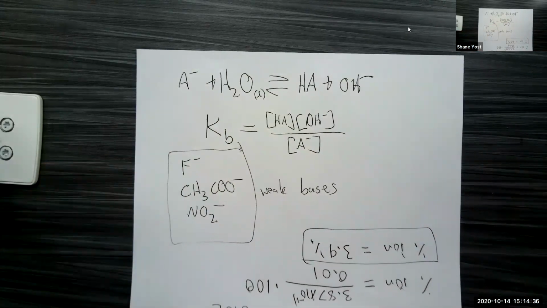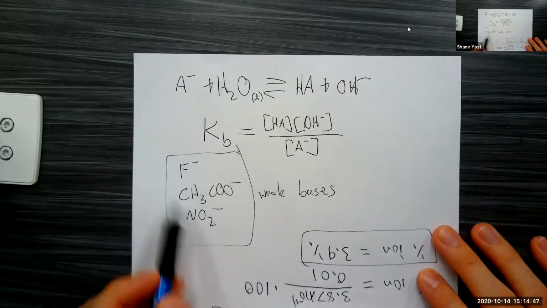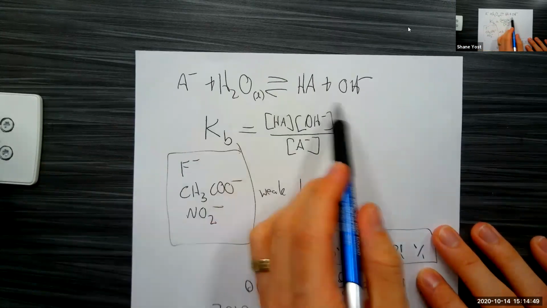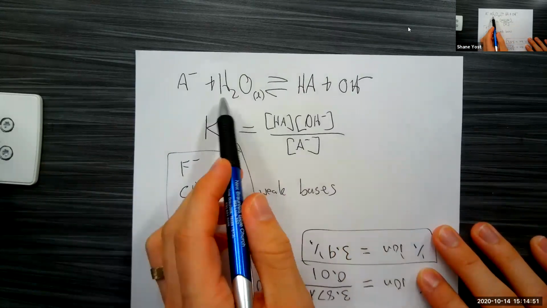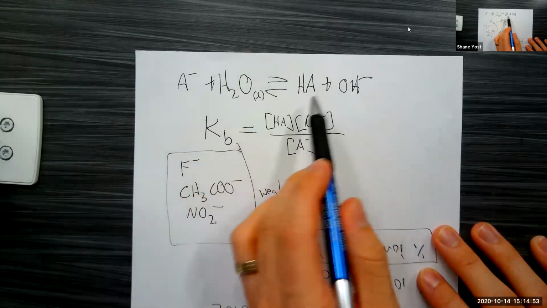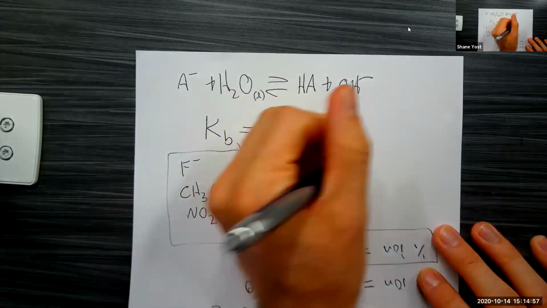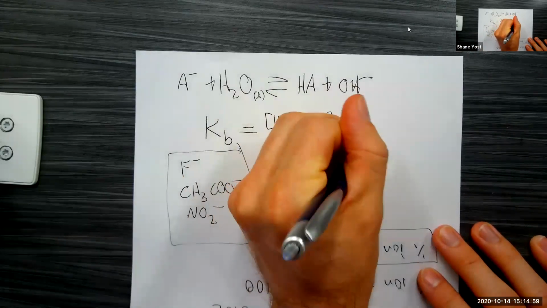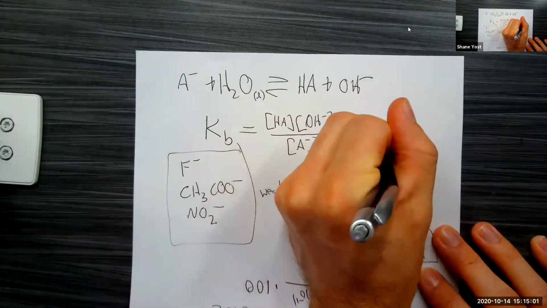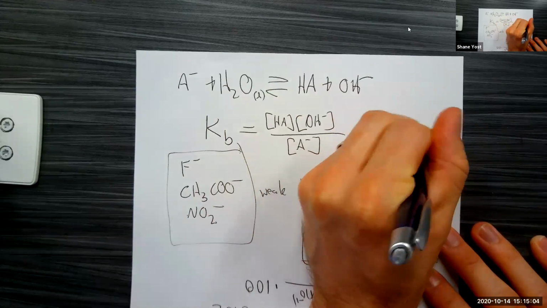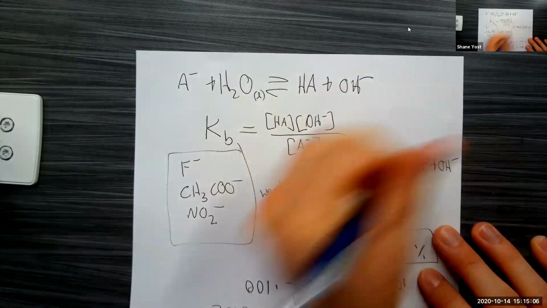And we'll talk more about the relationship between conjugate bases and conjugate acids of weak acids and weak bases next time. But often these weak bases undergo this type of equilibrium reaction where it will react with water to form a weak acid and OH minus. So for example, F minus plus H2O, forming HF plus OH minus.